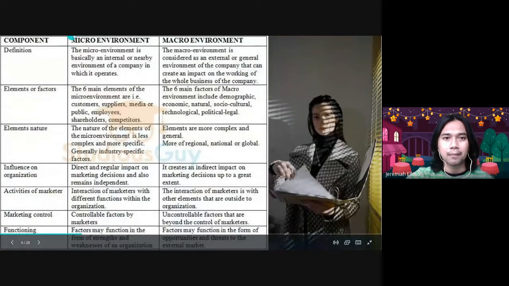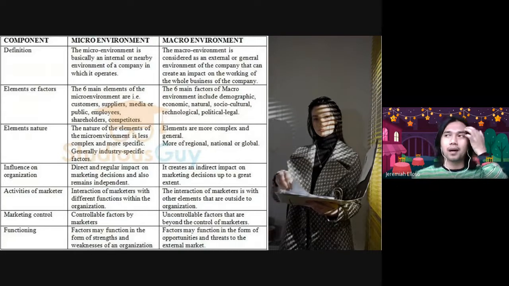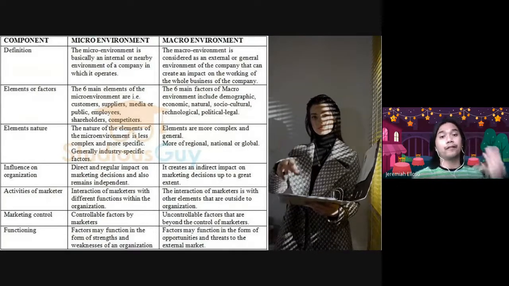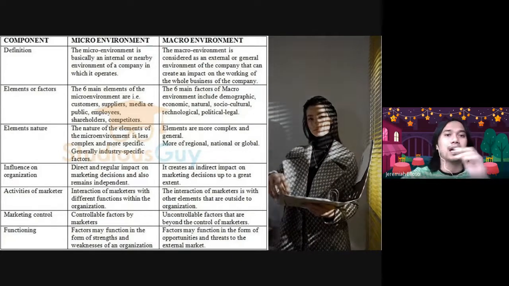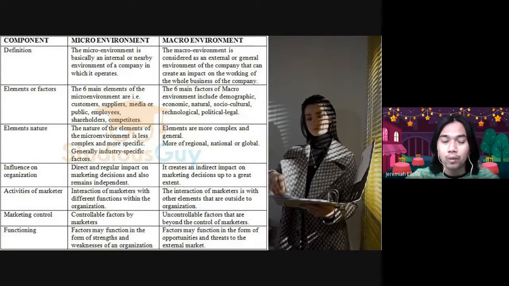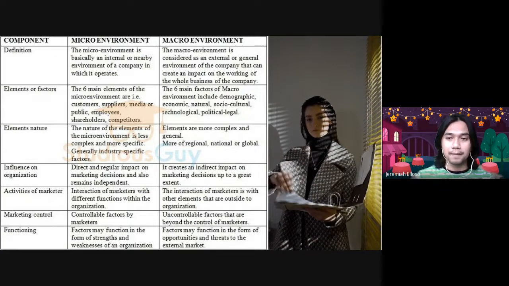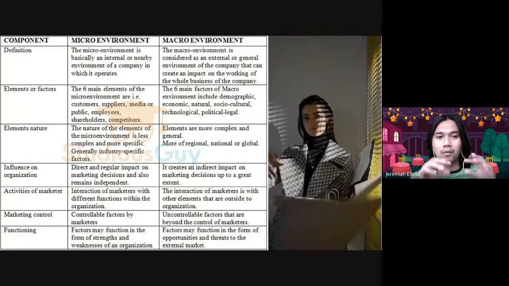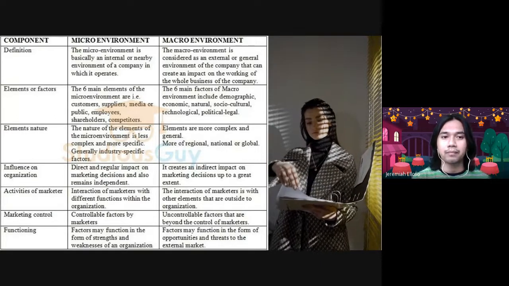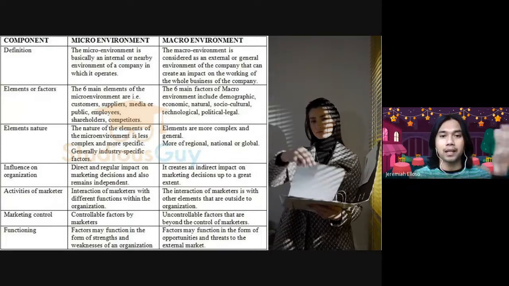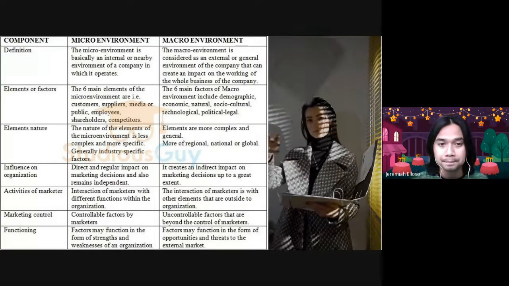But let me provide you with a side-by-side presentation of the difference of the micro environment and the macro environment. So we have just defined micro and macro. Please bear in mind that micro means small, or it's your internal environment, and macro environment is the external or the general environment.